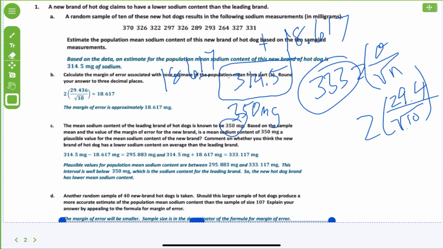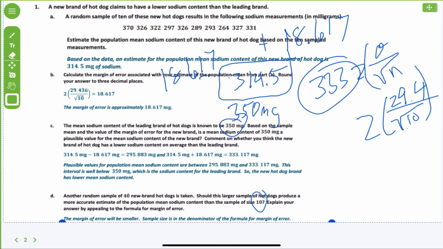Now, another random sample of 40 new brand hot dogs is taken. Should this larger sample produce a more accurate estimate of the population mean sodium content than the sample size of 10? Yes, the margin of error will be smaller because you have a larger sample size.